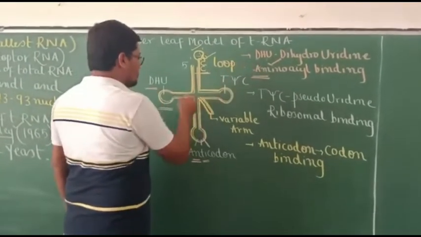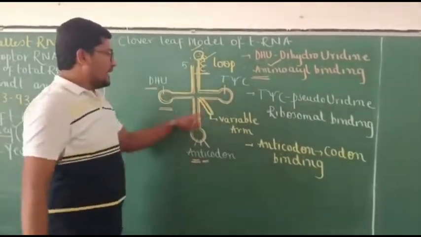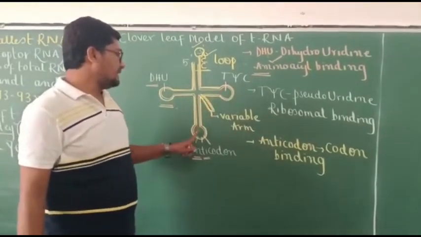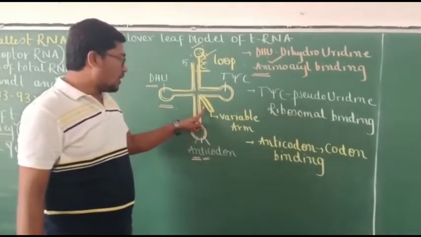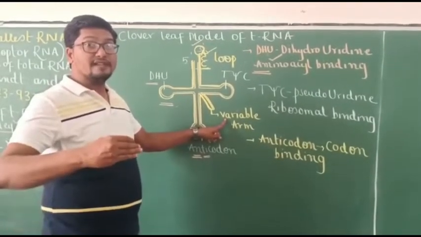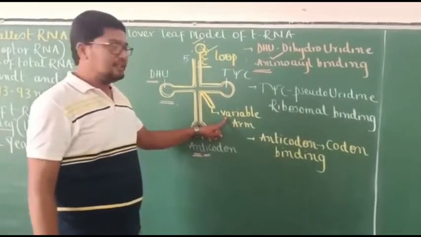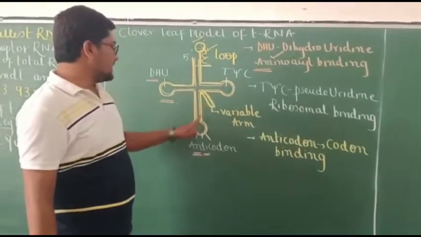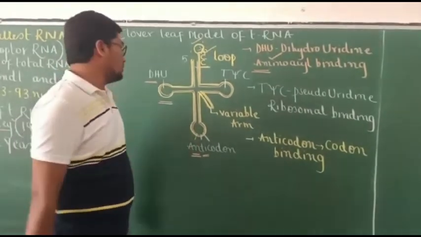So the total three arms are present, and the three important arms are what? DHU, T-Psi-C and the anticodon, and one more small arm you can see, that is the variable arm. Its length varies from tRNA to tRNA. That's why it is called the variable arm. But for the three arms, their important functions every student should know.